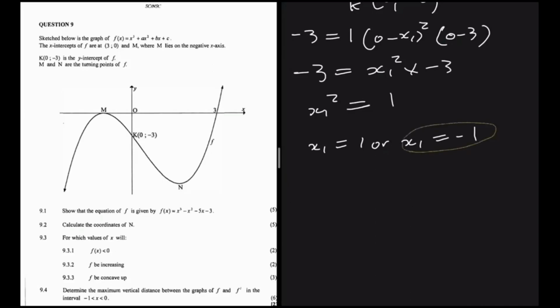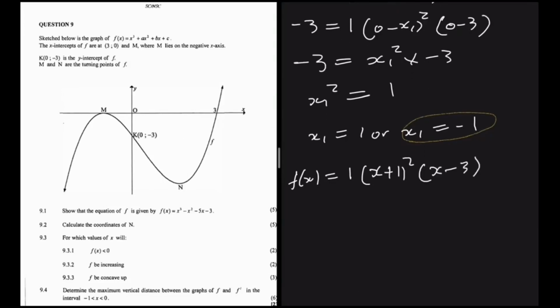So we're going to have f of x equals our constant 1 multiplied by x minus x1, which is going to be x plus 1 squared, multiplied by x minus x2, which is 3. So we're going to have f of x equals x squared plus 2x plus 1 multiplied by x minus 3.